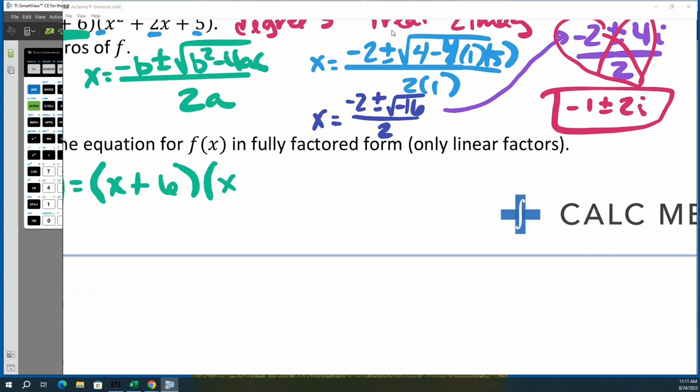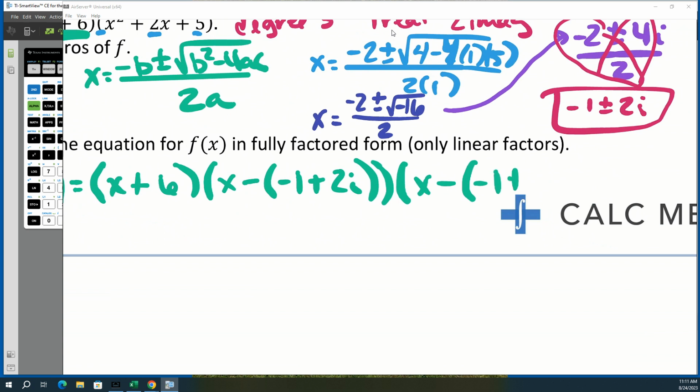It's weird on the other one, so we're just going to do x minus, and then in parentheses, we'll do negative 1 plus 2i, and then x minus negative 1 minus 2i. And I'm fine with you leaving it that way. If you wanted to distribute the negative, it's not wrong. It's just more places for you to make a mistake.